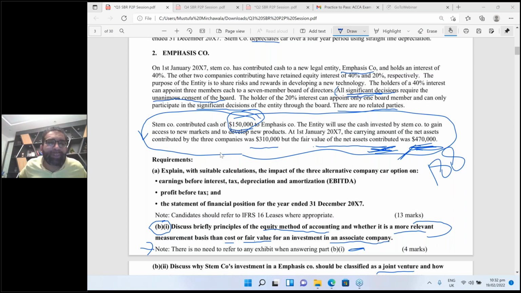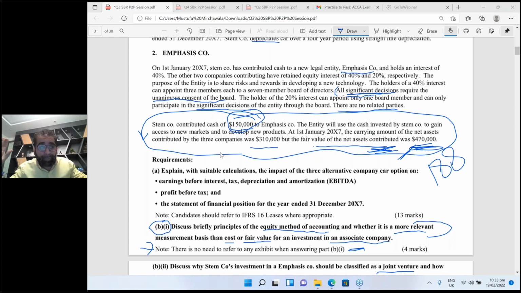And one thing is also possible. This fair value of net asset is normally calculated through a valuation, using valuation teams. So there is a possibility that the valuation team has done some mistake. Yes, this is a possibility.